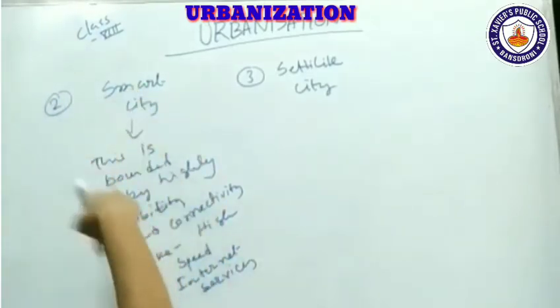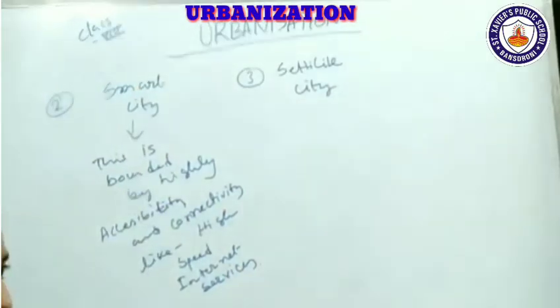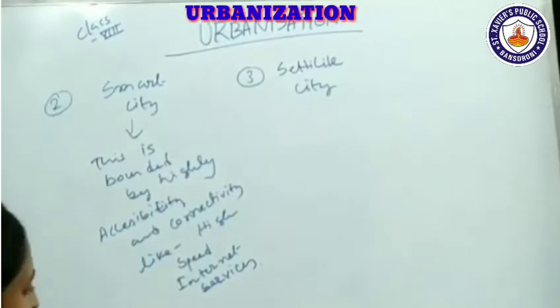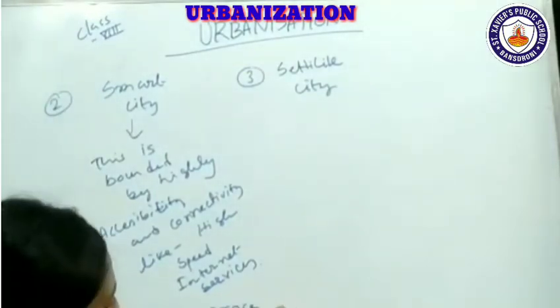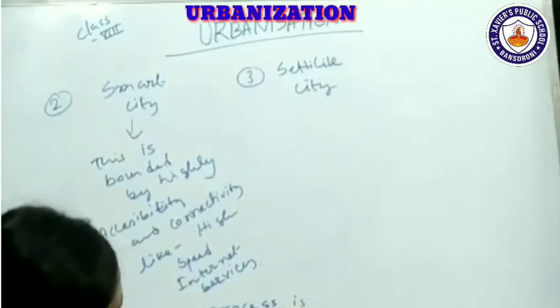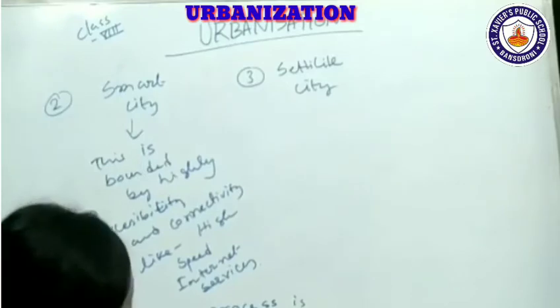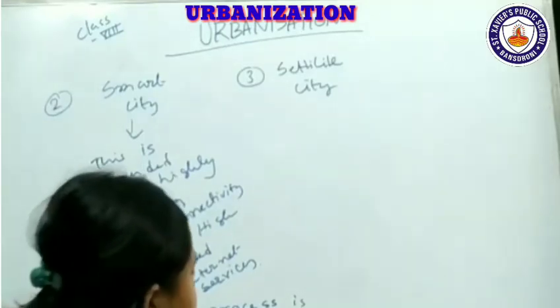In that type of city, the major work is done by online processes; online processes are very famous in a smart city. What are examples of a smart city?